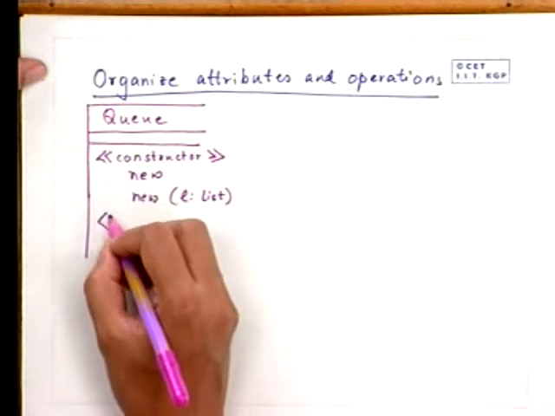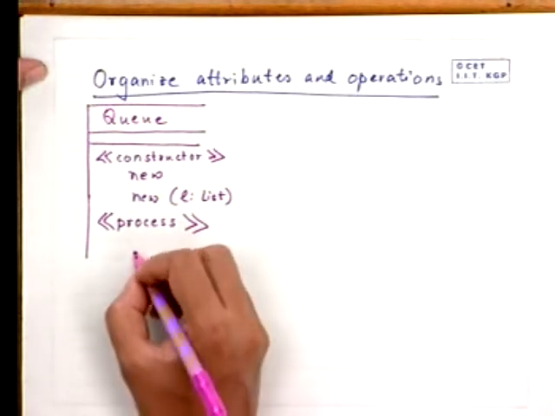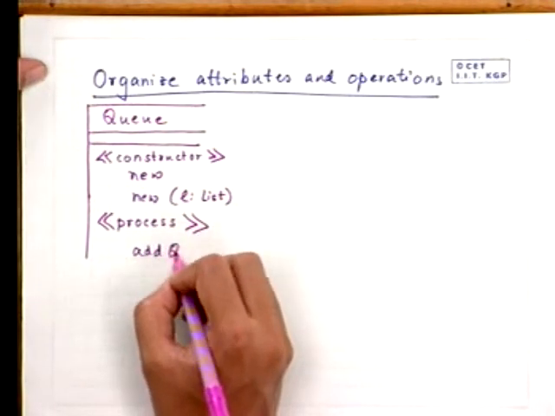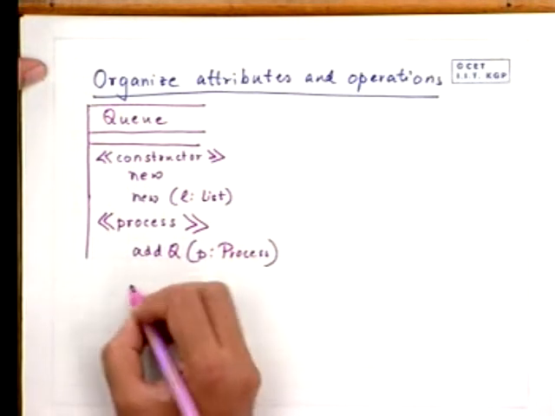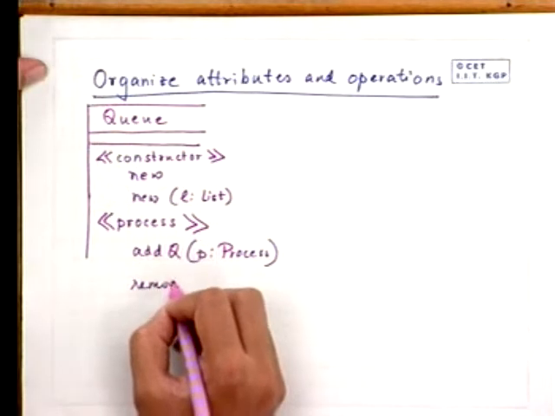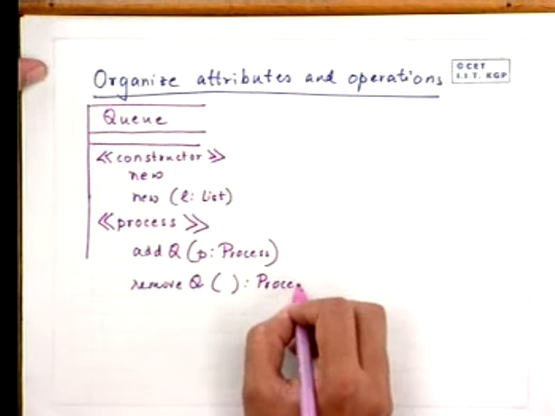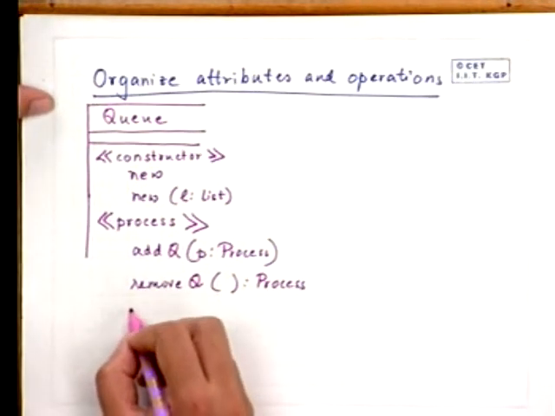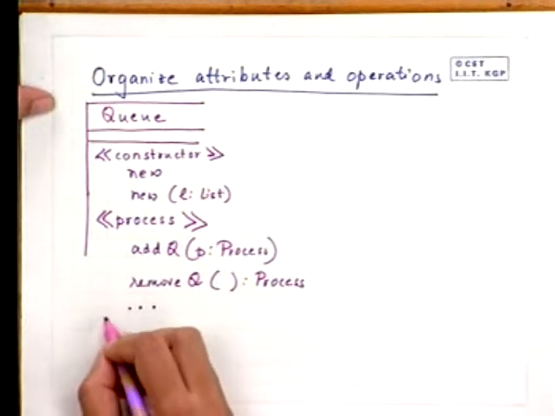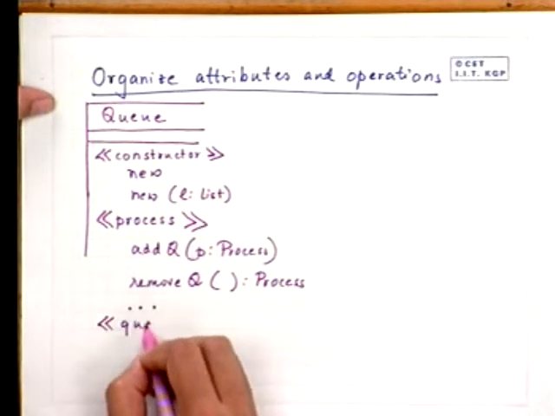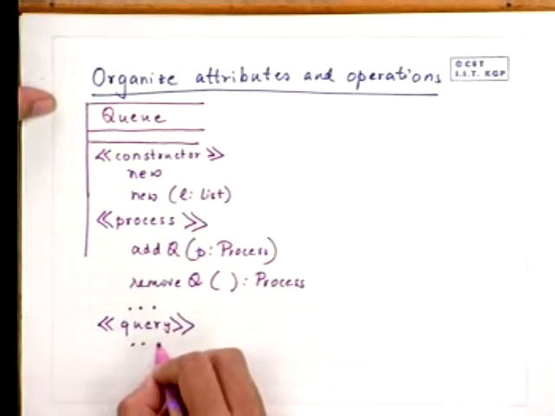Then we can have the processing operations, for example, add, then remove, and other operations which we denote by ellipses. And then we can have query operations, for example, is empty, is full, is ready, and so on.